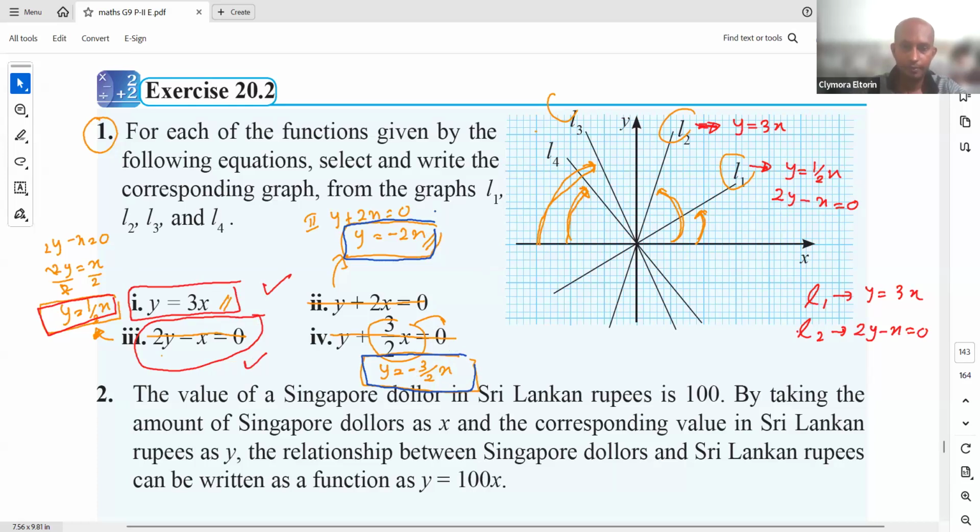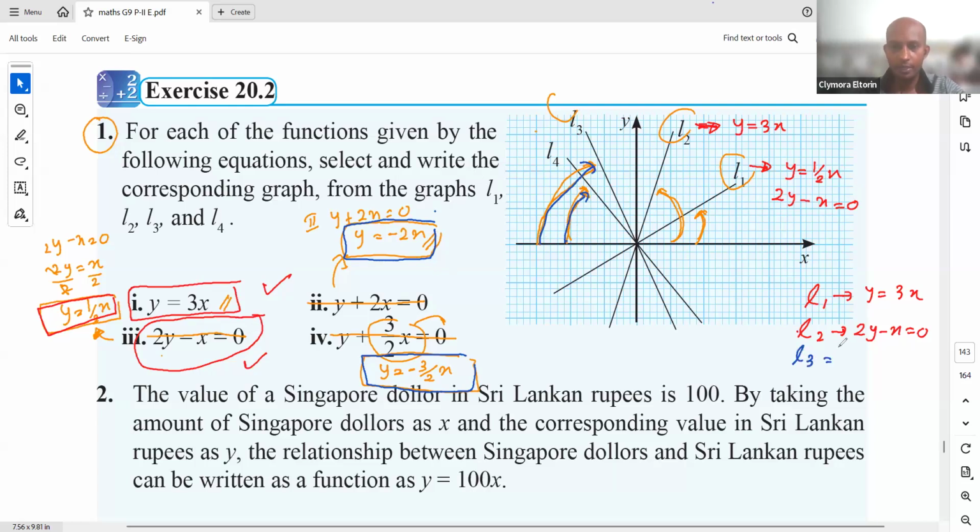What can you see now? Which is the highest gradient? We know about that. The highest angle is related to L3.